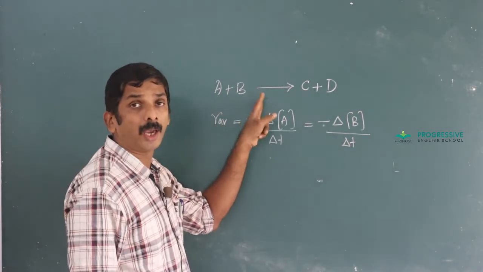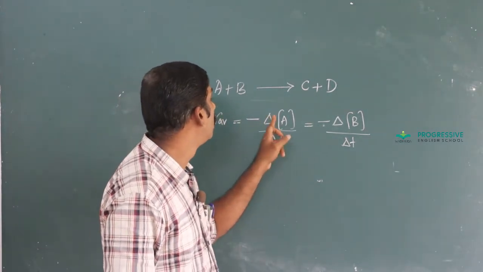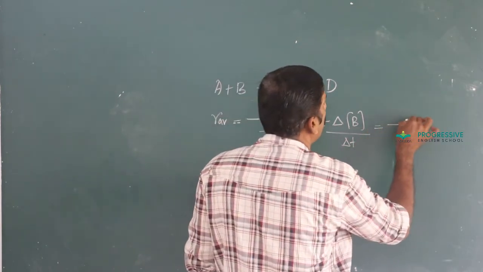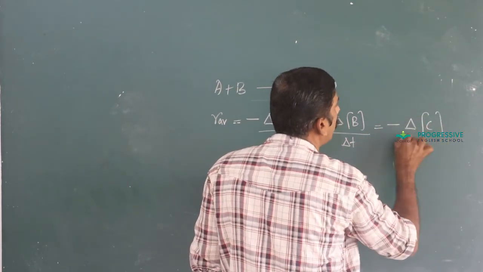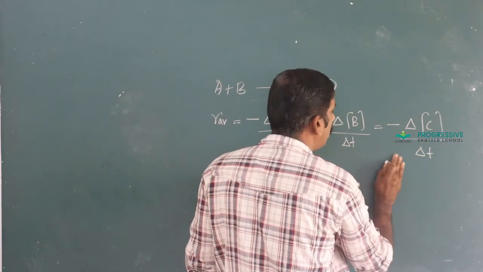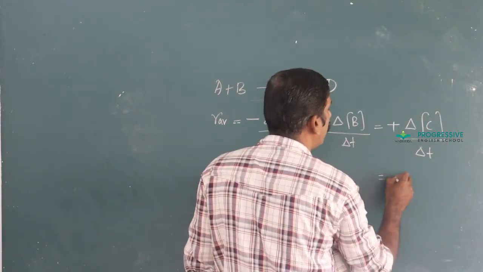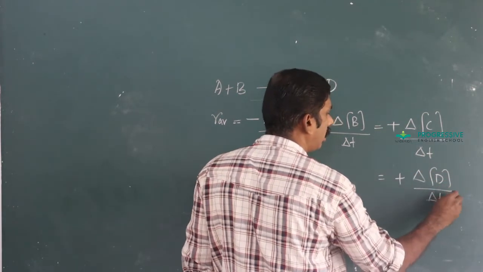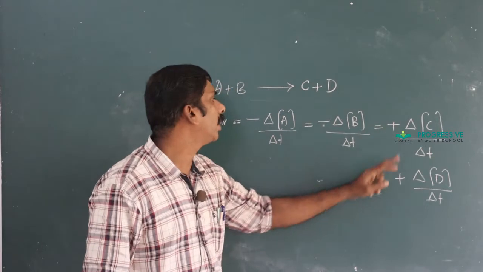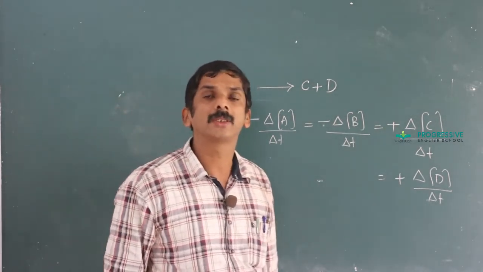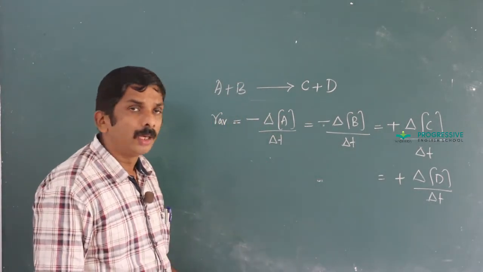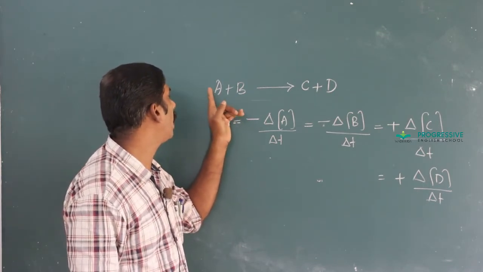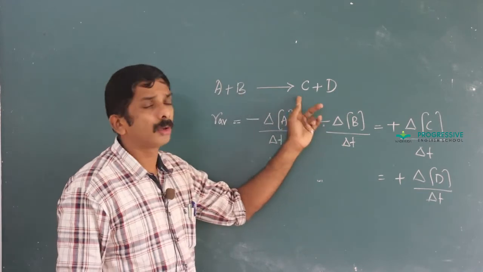Since both A and B are reactants, we put a negative sign. And minus delta C divided by delta t equals plus delta D divided by delta t. Here you can see that both C and D are products, their concentration increases with time. In this equation, we take 1 mole of A, 1 mole of B, 1 mole of C and 1 mole of D.